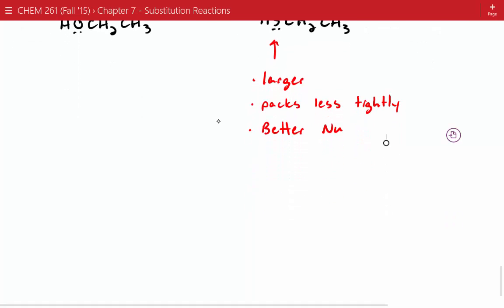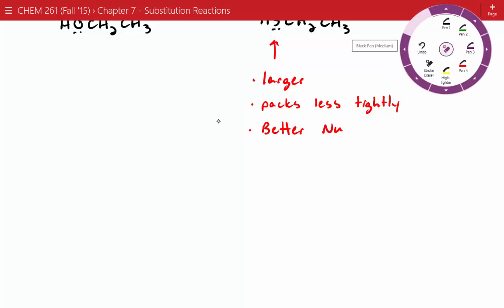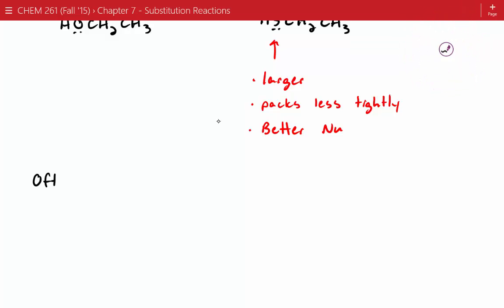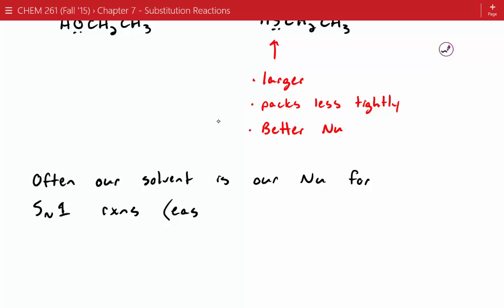So let's make a note on this. So often our solvent is our nucleophile for SN1 reactions. It's easier.